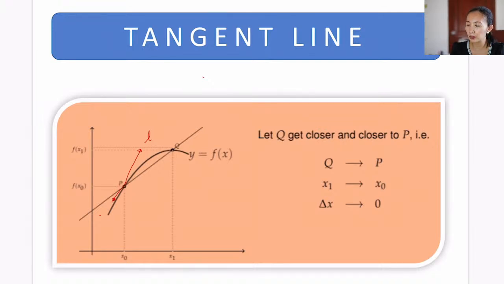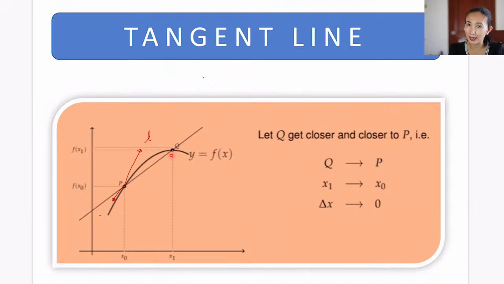How shall we compute for the slope of the tangent line? Now, we have here, let Q get closer and closer to point P. Q, where is point Q? Ito si Q, di ba? It's a point on the secant line.